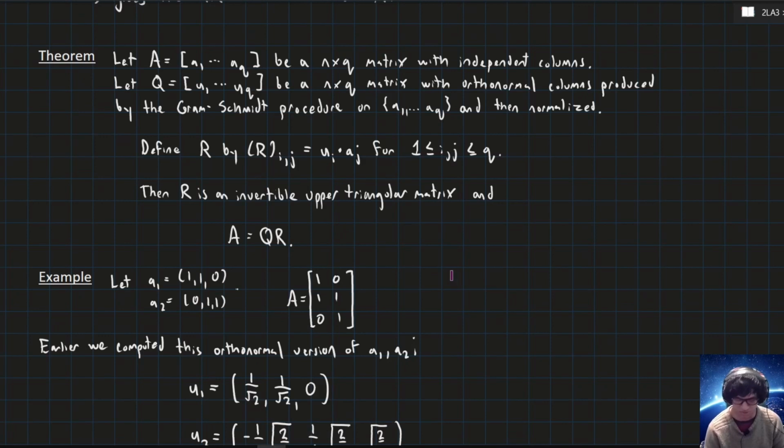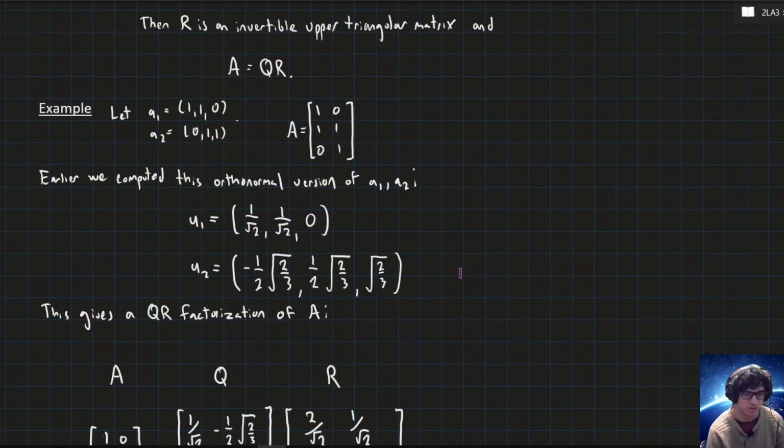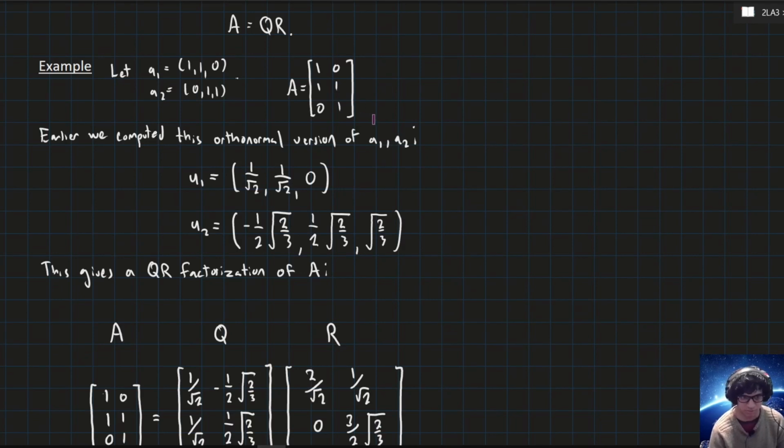Okay, so let's just see a quick example of a QR factorization. We're going to use this familiar example. We let this be A with our A1 and A2. And earlier we computed orthonormal versions of A1 and A2. We computed it to be this.